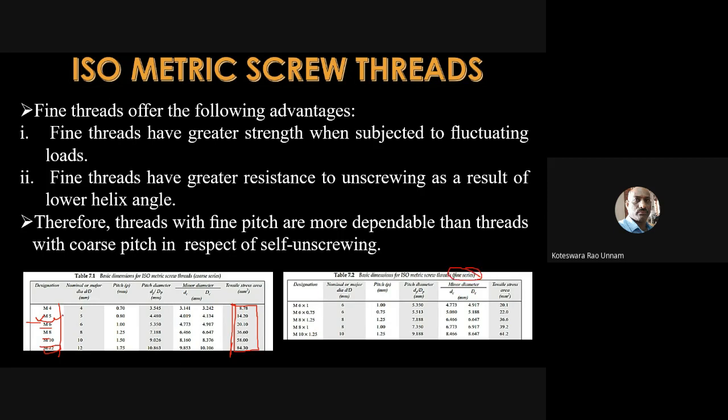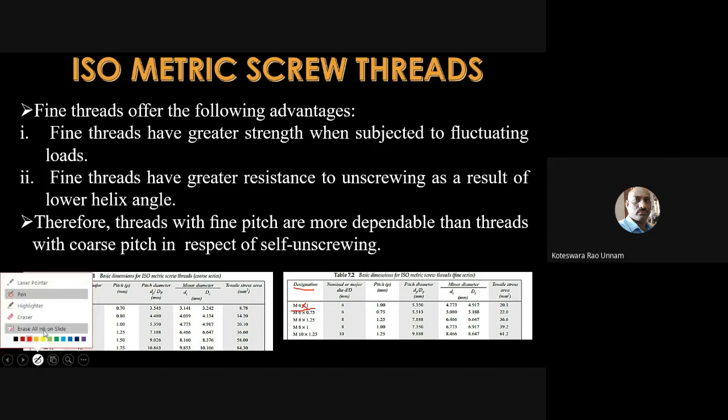Here the designation is also different. Look at the designation column and compare. Here you have only M4, or if you take M6 you have only M6, but here you have M6 cross 1.